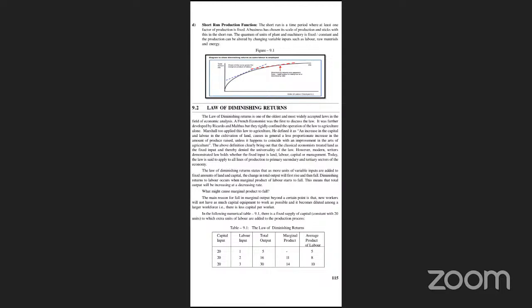Then marginal product is nothing, 0. And average product of labor here is 5 divided by 1, 5. Now next you see capital input is 20, labor is 2, total output is 16.